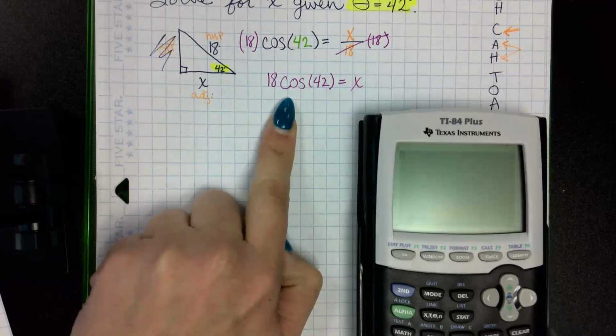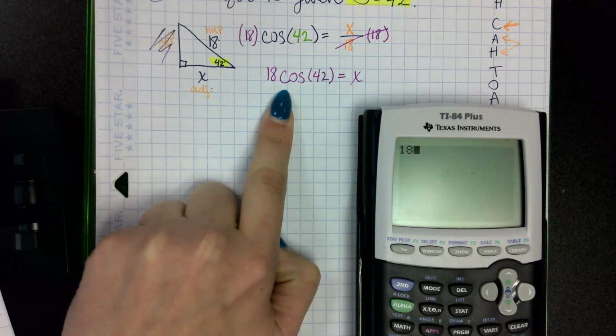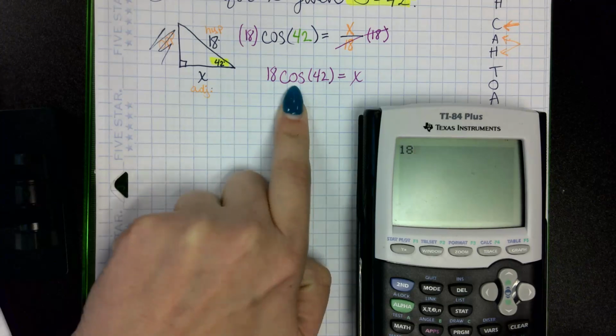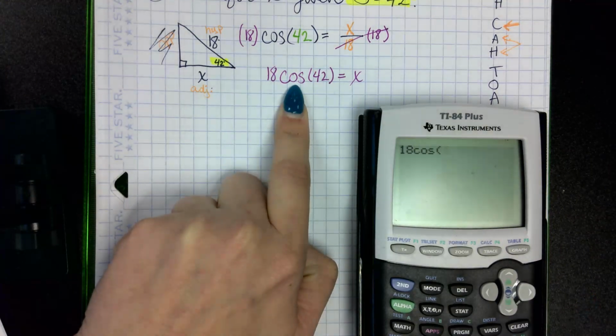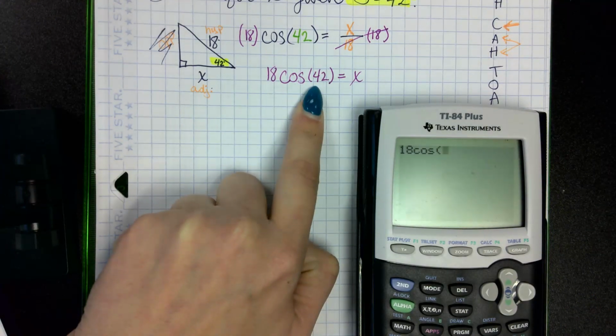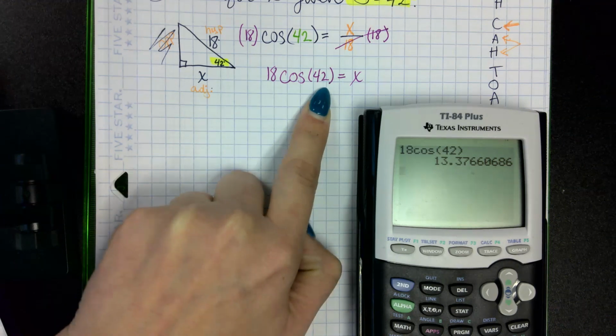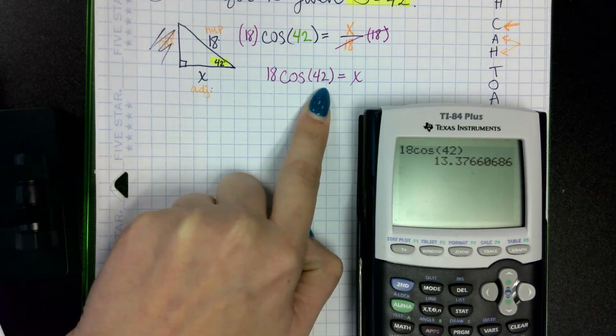And then I can type this in. I get 18, I could press times, I could have the 18 in parentheses, it doesn't matter, or just leave it as 18. Cosine 42, close the parentheses, enter. And then it gives me that. For the homework I'm giving you today, it says round to the tenths place.